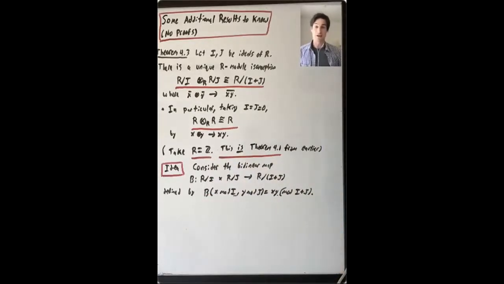I definitely encourage you to work out the details of this proof. For example, really check that you believe that this map is bilinear. All right, I'll pause and erase, and then we'll talk about another good result to know about tensor products.